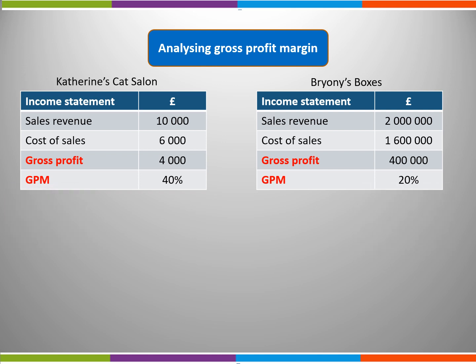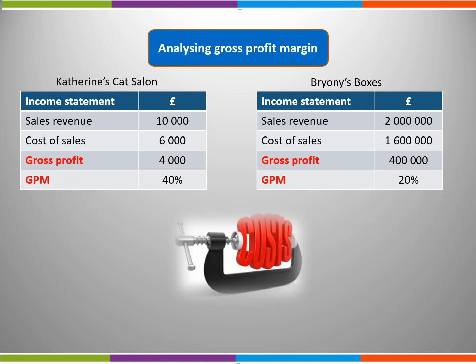Gross profit margin measures efficiency, how efficient the business is at turning sales revenue into gross profit. Catherine is more efficient as she turns more of her sales revenue into gross profit as a percentage. Theoretically, if she could grow the business, she would make a much higher gross profit than Bryony. However, because she operates in a niche market, she is unlikely to be able to do this.